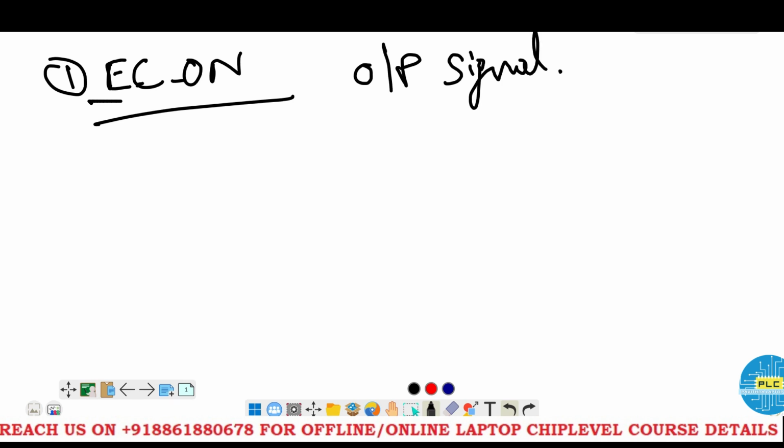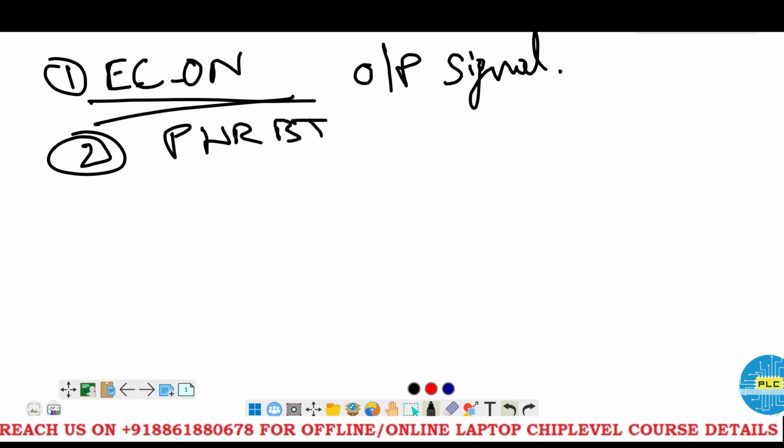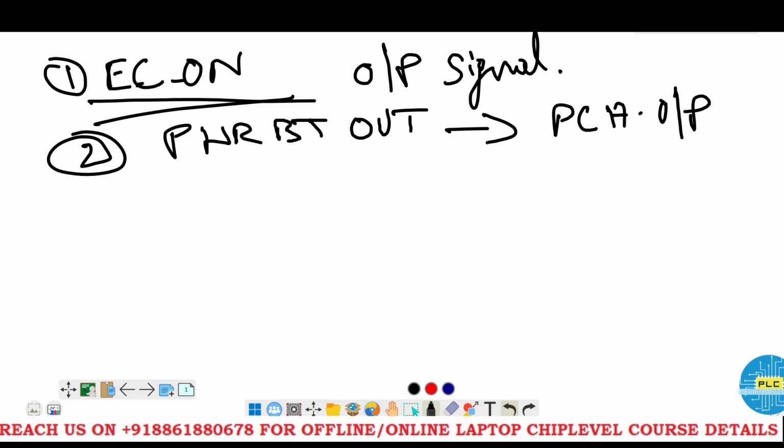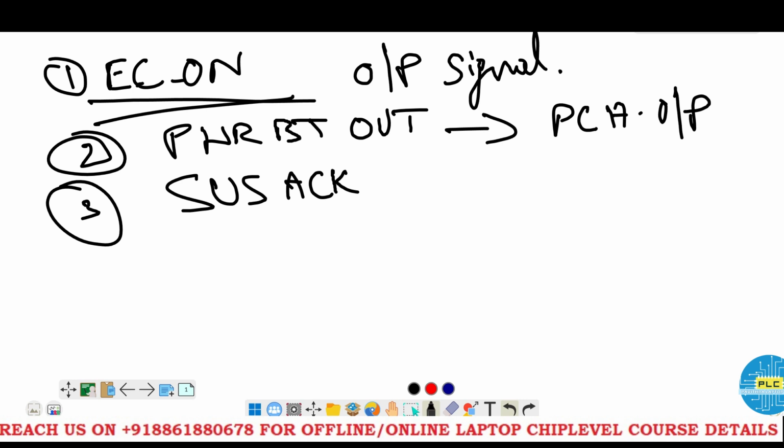Okay, this is the first signal from the IO once you press the power button. Simultaneously, the second one is power button out to PCH as an output signal. Next, sus acknowledgement hash.